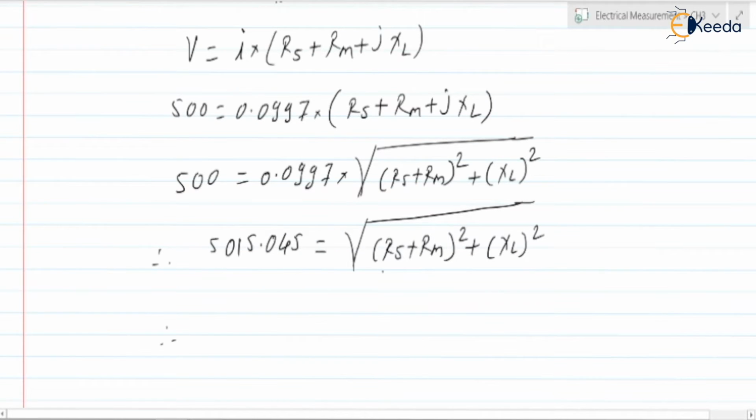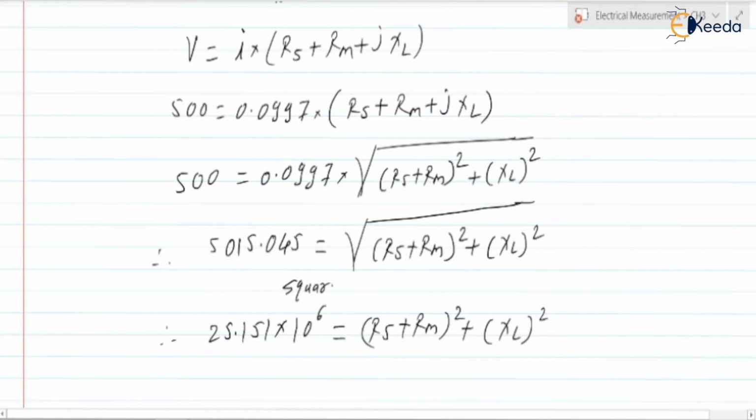Yes, it will be 25.151 into 10 to the power 6 is equal to (RS plus RM) square plus XL square. I have squared both the sides.